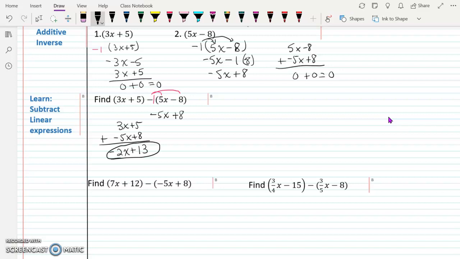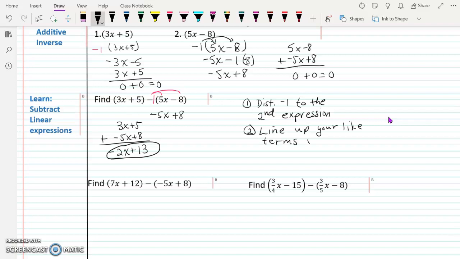So let's record our steps here. Step number one is distribute -1 to the second expression. Step 2, line up your like terms vertically.